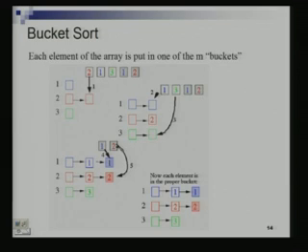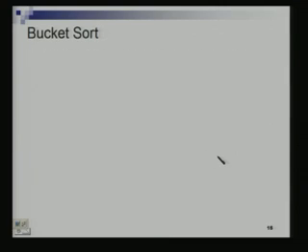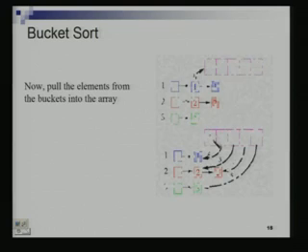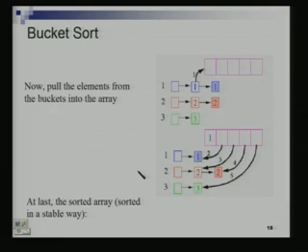Then I take this 2 and append it at the end, and now I will just read the numbers. I will take the numbers in the first bucket, basically append all of these lists. So, 1, 1, 2, 2, 3 and so on. We put the elements from the buckets into an array and just read it off in this manner.